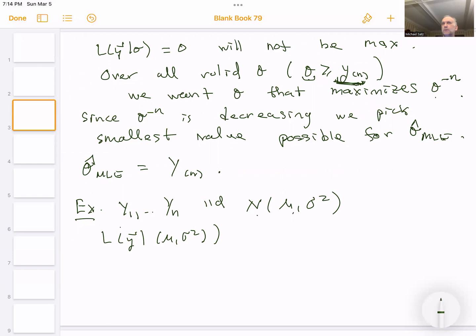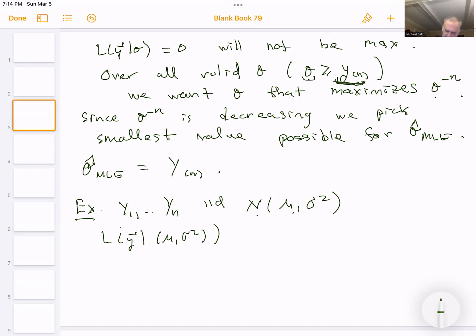And this will be, yeah, so the range is just a number, right? And if I take the log of the range, since the log is increasing, I could just work with the log and maximize the log of this, and that will give me the same mu and sigma squared that maximize the likelihood.